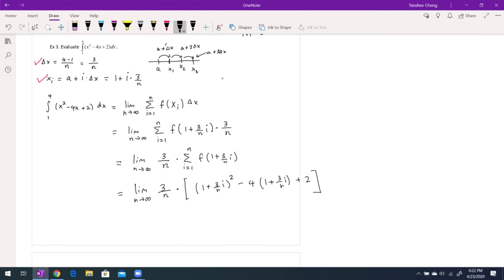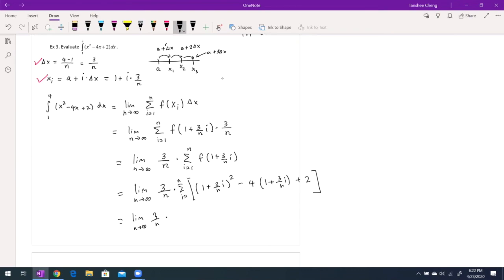Yeah, I missed my summation notation, i equal to 1 to n. So, limit as n approaches infinity, 3 over n. Now, because we want to find the limit as n approaches infinity, everything right here must be in terms of n.